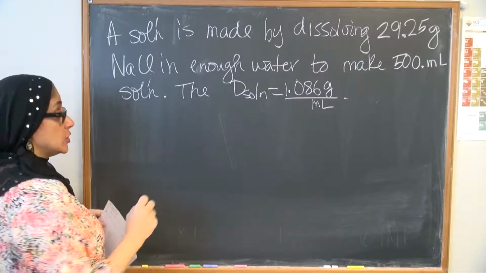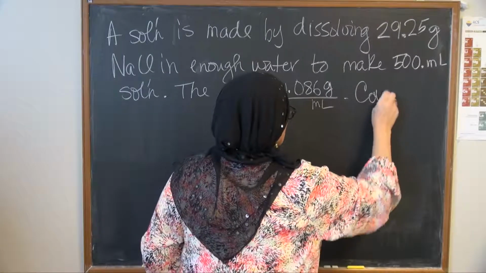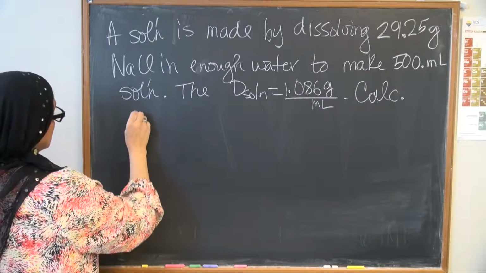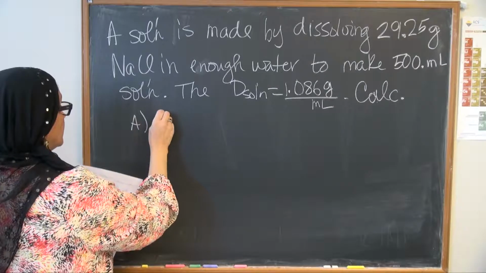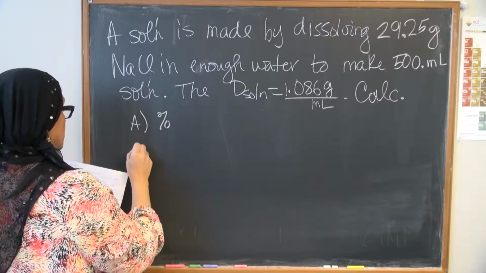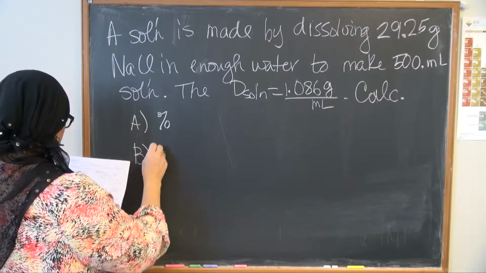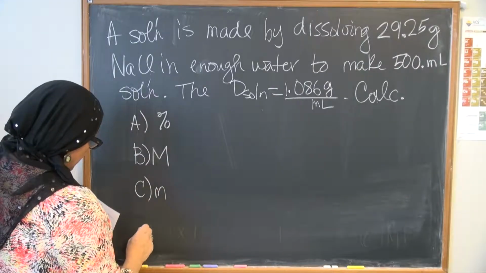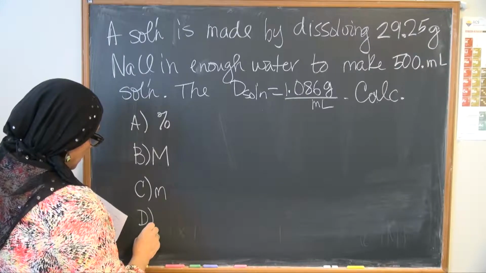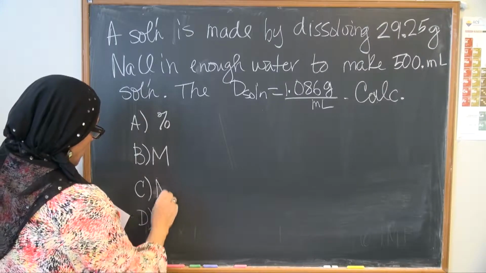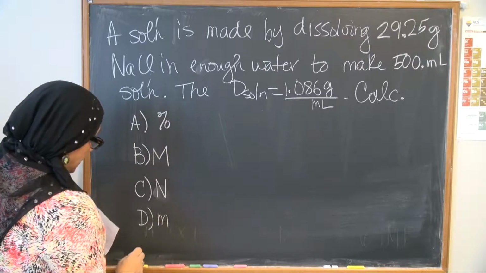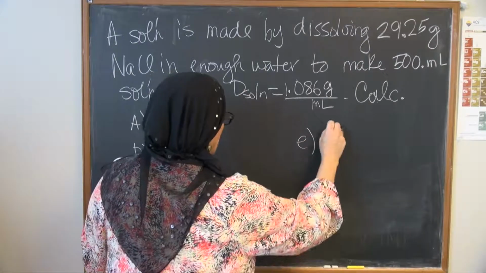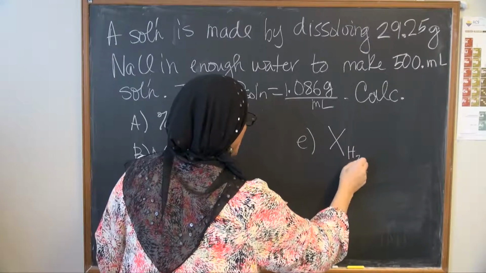Based on this information, calculate: A, the concentration in percent; B, molarity; C, let's make C normality; D, molality; and E, mole fraction of water.